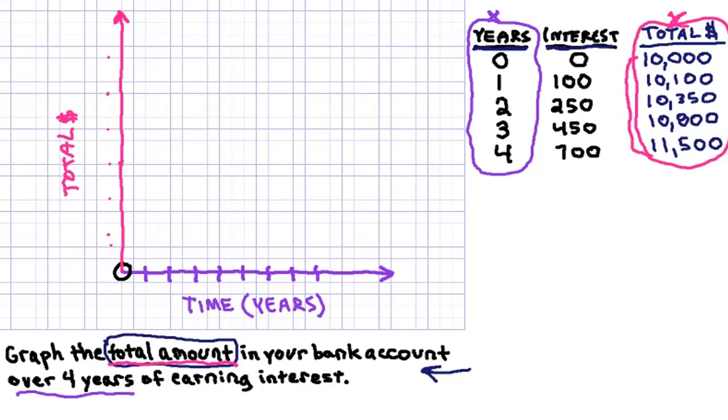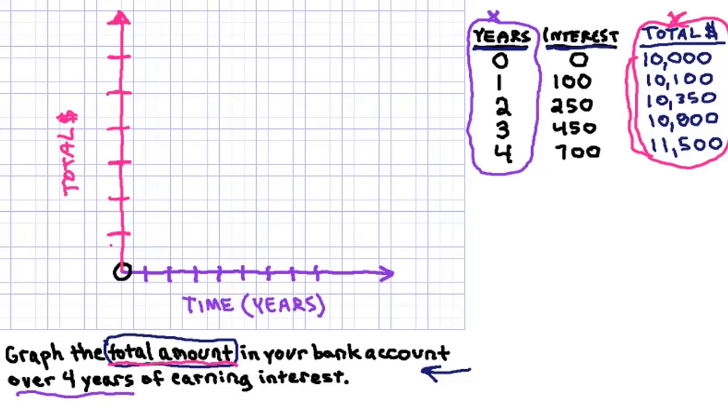So if we move these increments up to every three boxes and make them 2,000 each, then that's going to give us a little bit more room to make this graph, so it's just more easily readable. It's kind of an art form. There's no right or wrong answer.